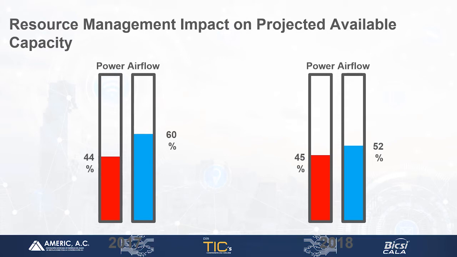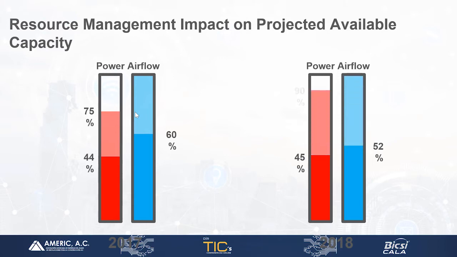To summarize the impact that Digital Twin has had on their data center operation: in 2017, they were projecting about 25% stranded capacity. They were going to strand 25% of their UPS power because they would have run out of air if they were to continue using resources at the same rate as they had measured in 2017.